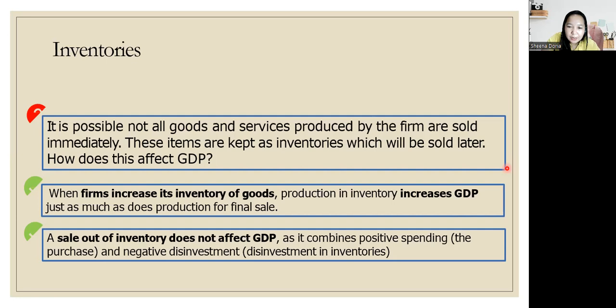Okay? So, ibig sabihin nun, pag yung bread natin, parang inassume natin na binili natin siya out of the firm's inventory. Okay? So, yung profit natin is hindi siya nababawasan dahil sa additional wages na it has to be paid. Okay?